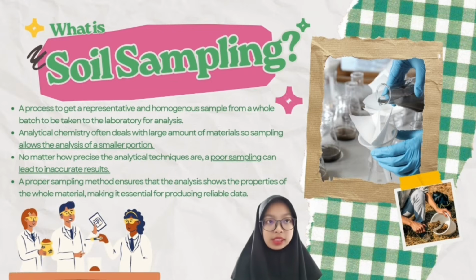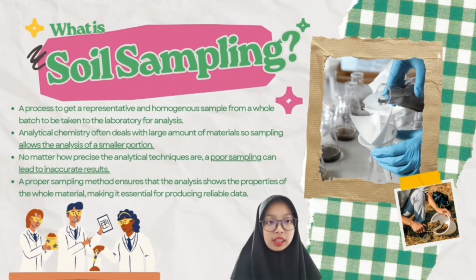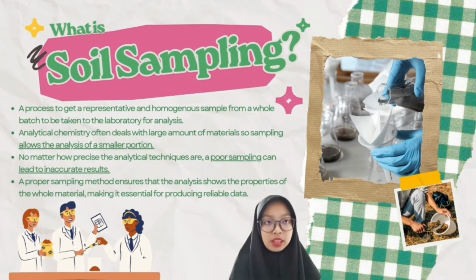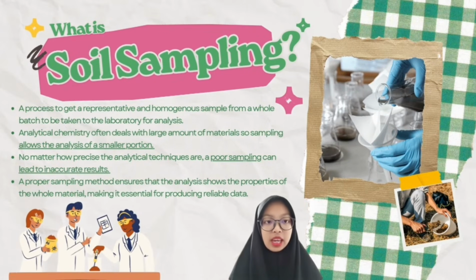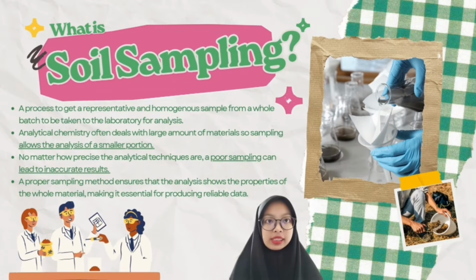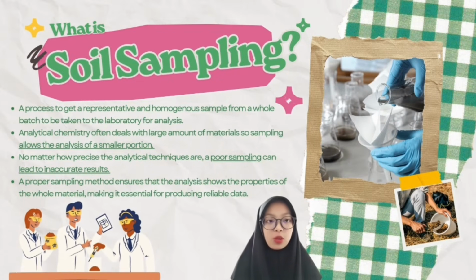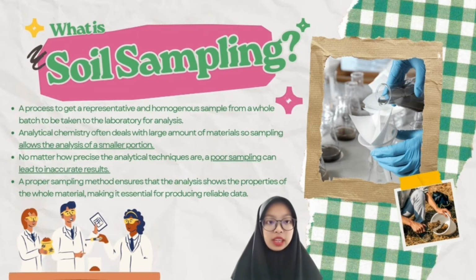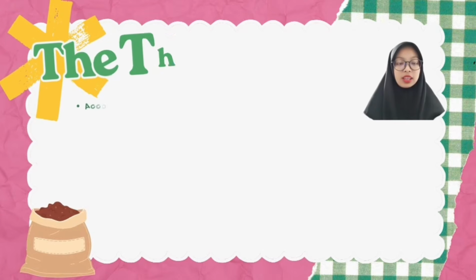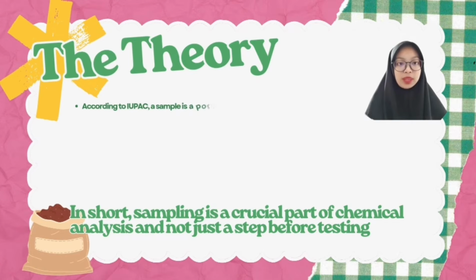No matter how precise the analytical techniques are, a poor sampling can lead to inaccurate results. A proper sampling method ensures that the analysis shows the properties of the whole material, making it essential for producing reliable data. Now, let's look at the theory of sampling.